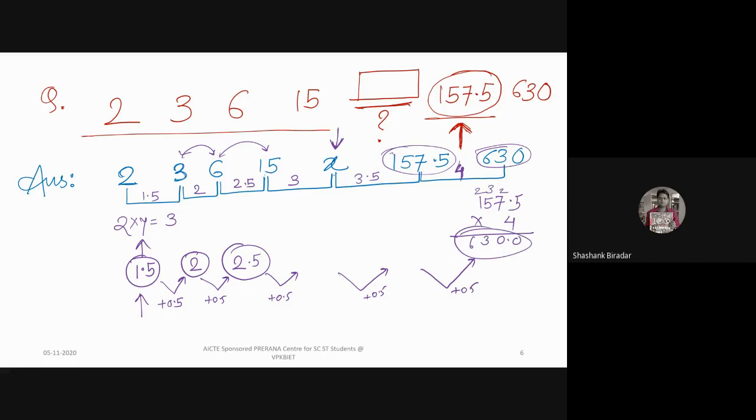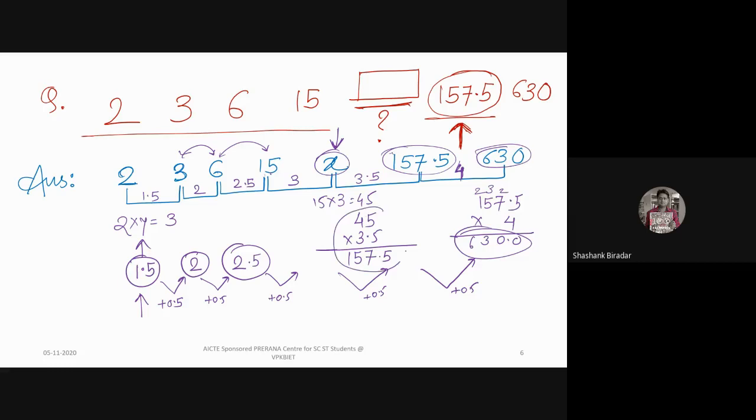Now, what I need to do is this x can be calculated by multiplying 15 with 3. Am I right? So 15 multiplied by 3 is 45. Are you getting it? Let us check whether 45 multiplied by 3.5 is 157.5 or not.